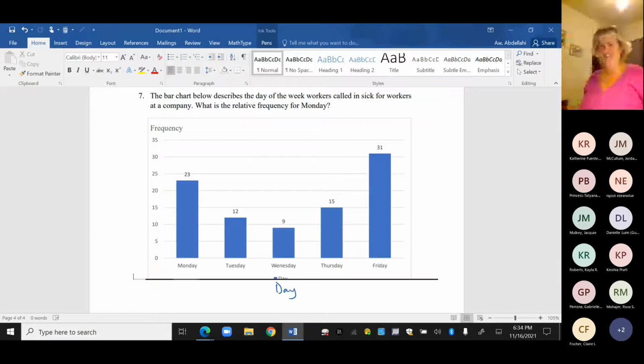What is the relative frequency for Monday? Everybody go ahead. Take a couple of minutes, do the calculations, and try to get the answer to that question. What is the relative frequency for Monday? I'll give everybody a couple of minutes to try.